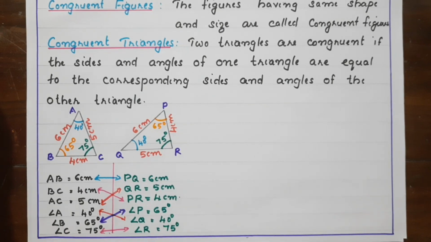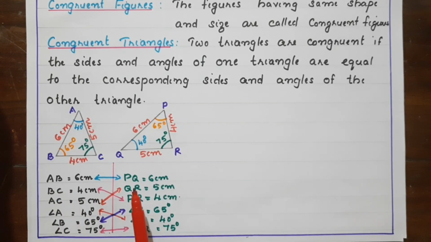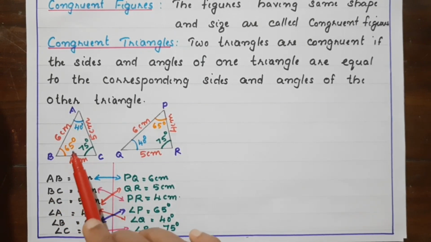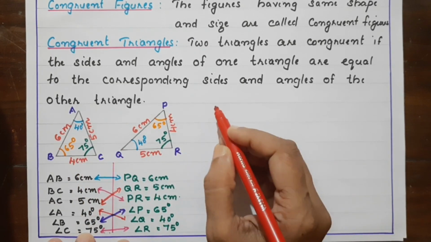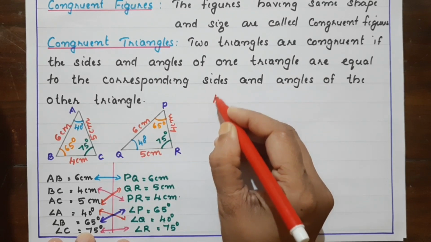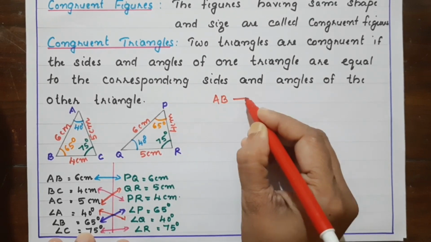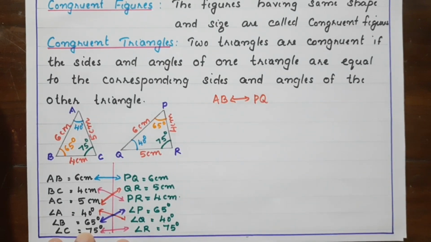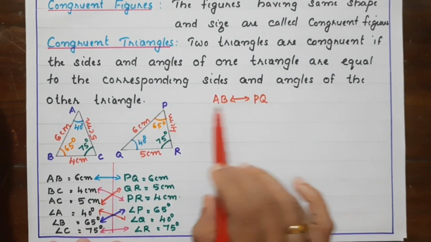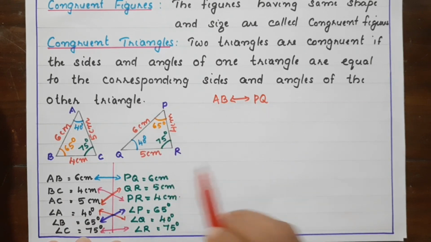So what we can understand? We can say AB equal to PQ. So we can say AB and PQ are corresponding sides of these two triangles. So we can write that correspondence AB corresponds to PQ. Okay. If they are equal, we can say they are corresponding sides.